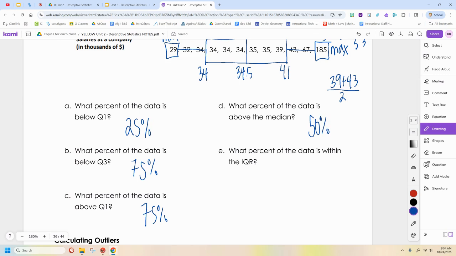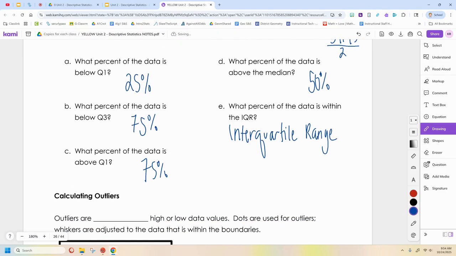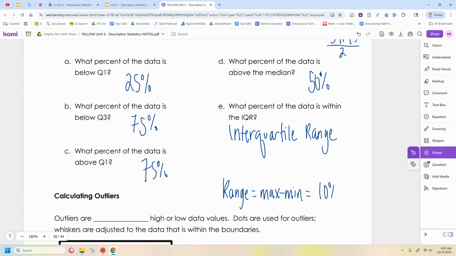What does IQR stand for? Do you remember? All right. Interquartile range. So remember that the range is max minus min, and it's 100% of our data, even data that's extremely large or small.